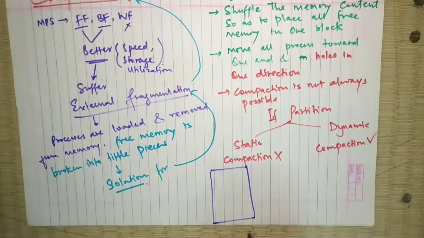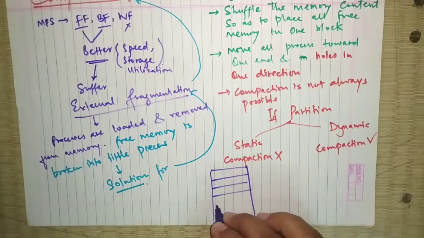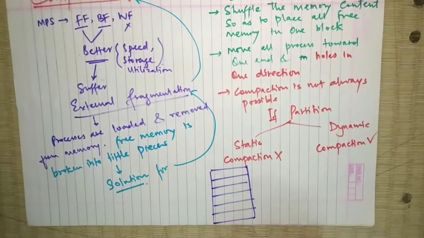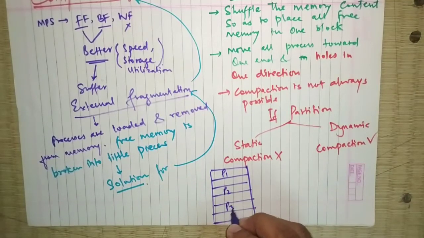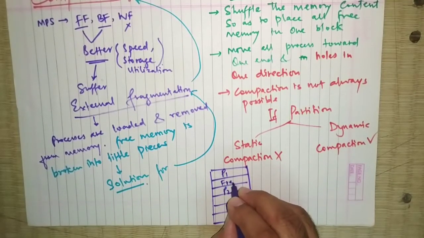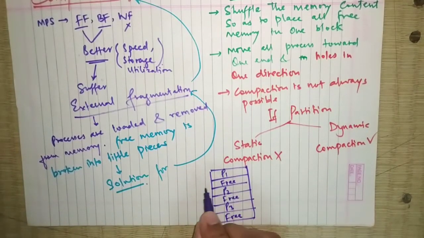We have process 1, process 2, and process 3, with free space between them. So there are three holes. All these are nothing but holes, which we call external fragmentation.